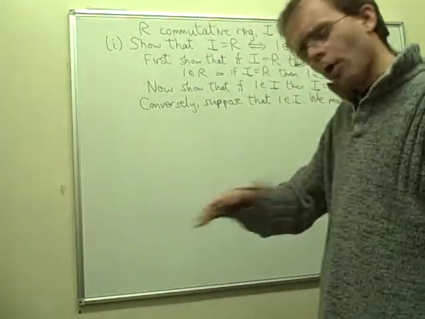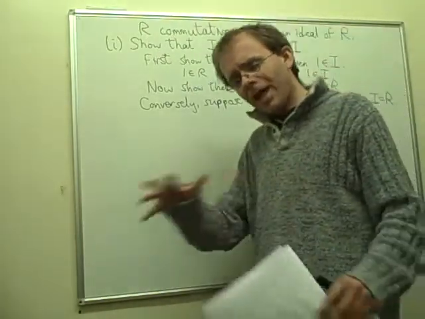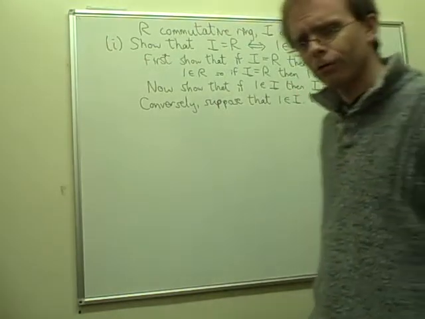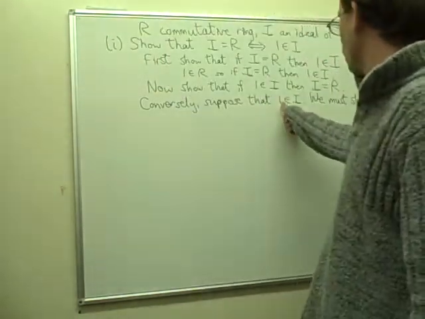So we'll have a sort of homomorphic image of Z, the integers, sitting inside I, given that I is an additive subgroup, just starting from the fact that 1 is in I.